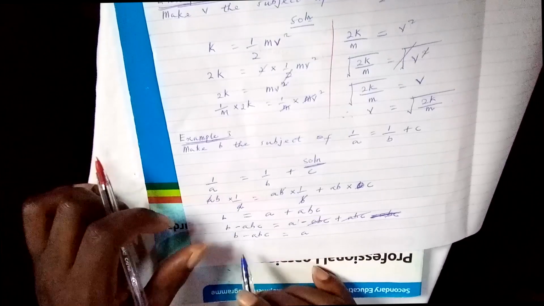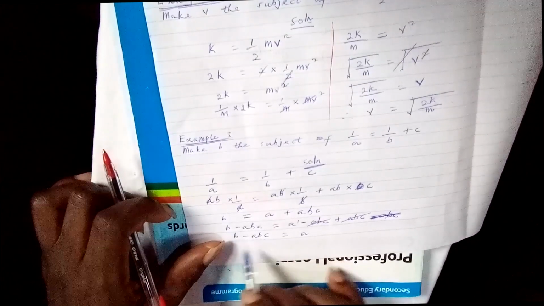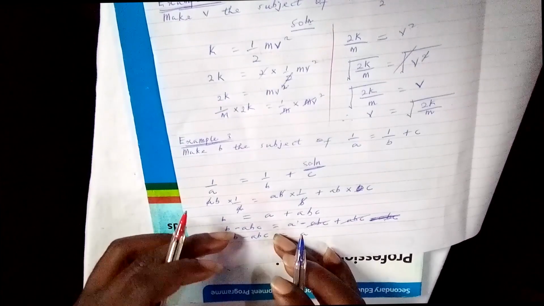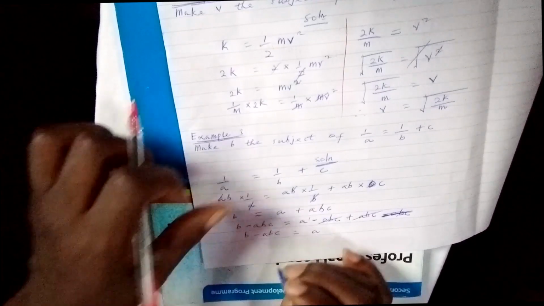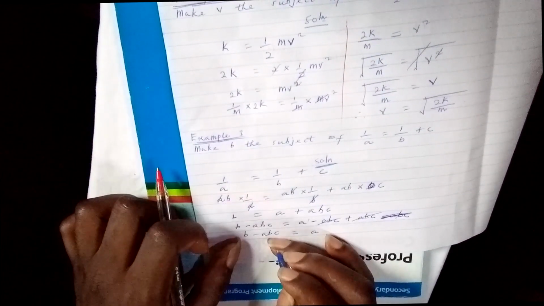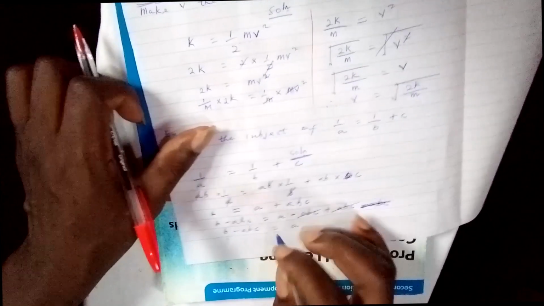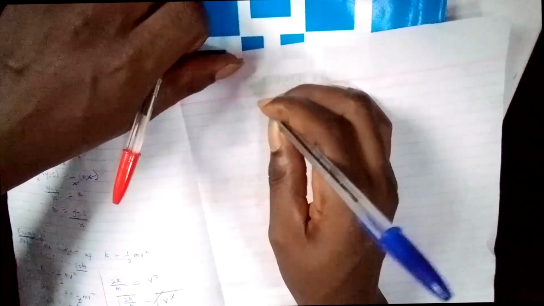At this juncture, we want to make b stand alone. We want to make b the subject, but b can be found in both terms here. Therefore, we have to factorize b out from both terms. So b minus abc equal to a.